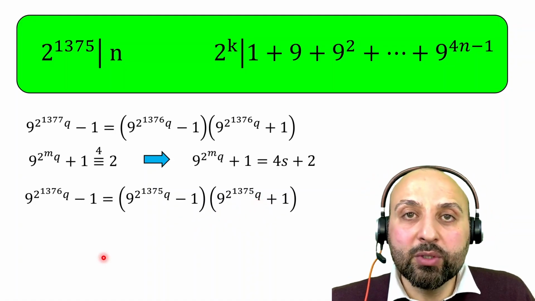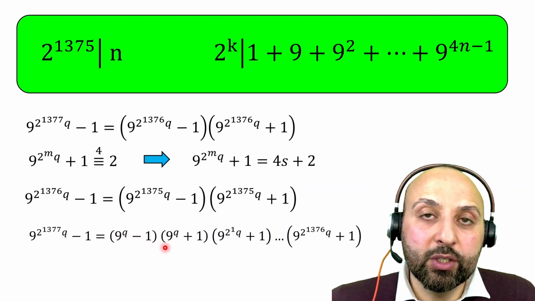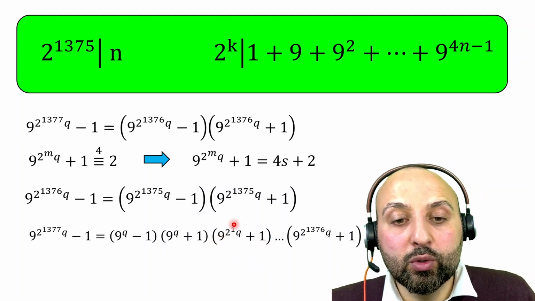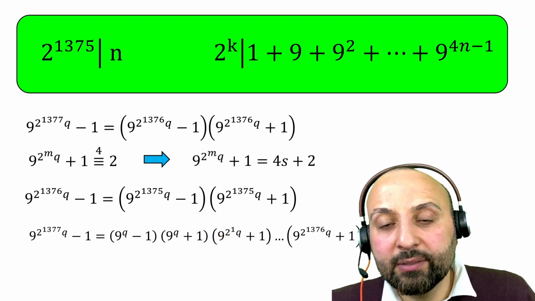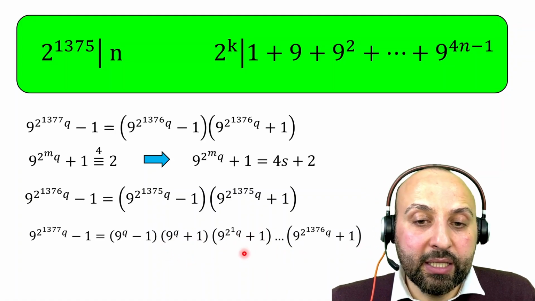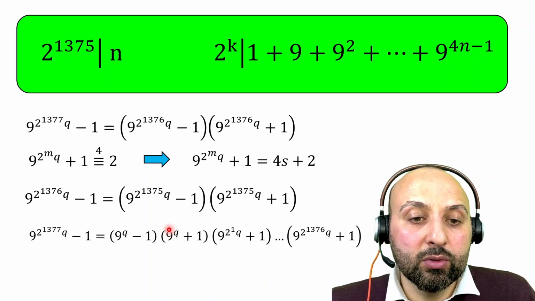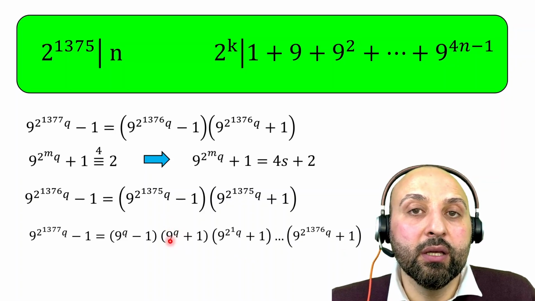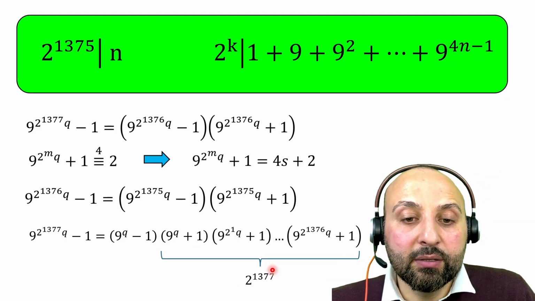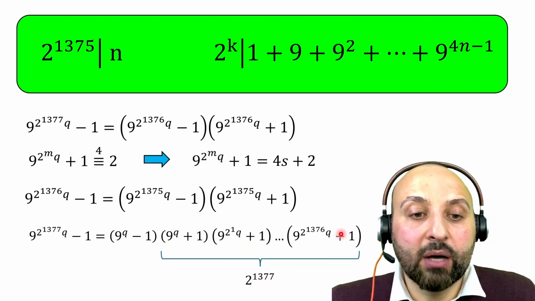If we keep decomposing this number, eventually we conclude that it will be equal to 9 power q minus 1 times 9 power q plus 1 times 9 power 2 q plus 1 and so on. And 2 divides each of them. Here we have 1376 factors, and this is power 0, 2 power 0. So it becomes totally 1377. So we know that 2 power 1377 will divide this number.